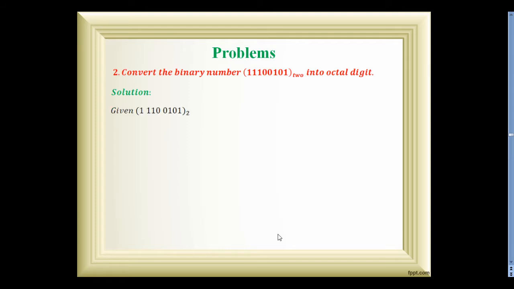Second problem: convert the binary number 11100101, the base is 2, into octal. So we write the given number. First of all, we have to group into 3 bits from right to left. So 101 is one group, 100 is another group, and 11 has only 2 digits, so we can add 0. So we group the digits into blocks of 3 digits from right to left.